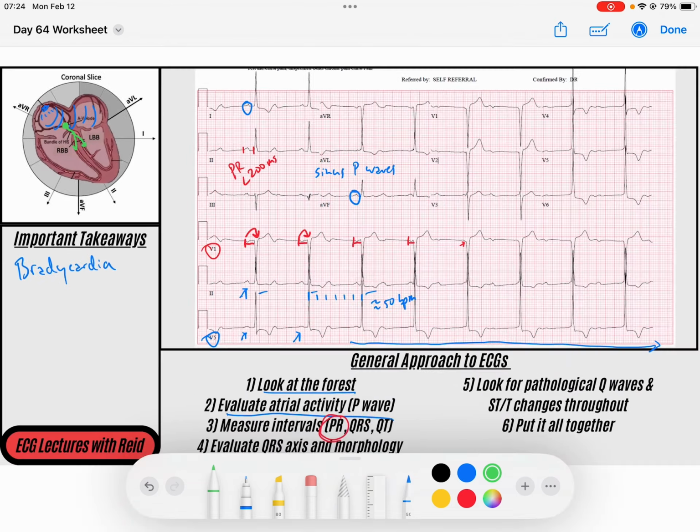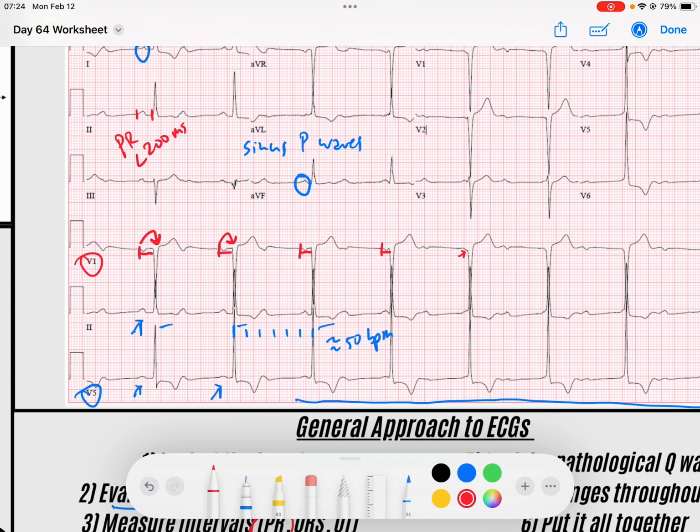So if the PR interval is getting shorter, that tells me that the AV node is getting better, right? If the PR interval is shorter, the AV node is doing this faster, but that's not how the AV node works. And so this makes me think that these P waves that we said are conducting to this QRS are actually not conducting to the QRS. And so it does make me concerned that maybe it's just trying to fool us.